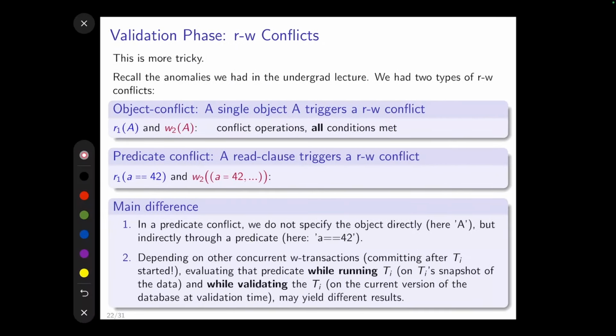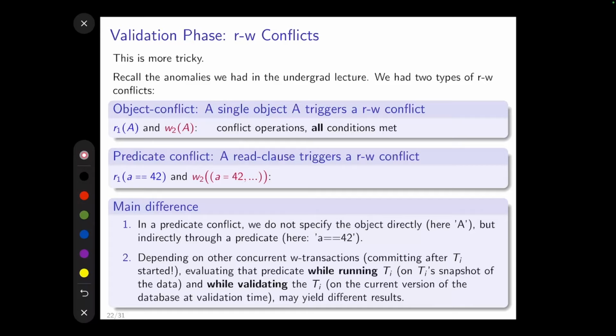As long as you guarantee these two invariants, everything is fine, and that's actually what our implementation is doing. Read-write conflicts are a bit more tricky. We reiterated that the read-write conflict can be per object, two transactions touching the same object somehow. But that's the easy case. The more involved case is if you read from the store using a predicate. So you don't have a key lookup. You don't say, I want object ID 42.